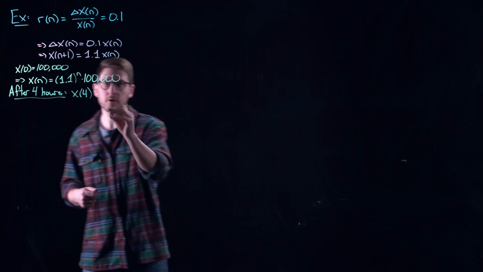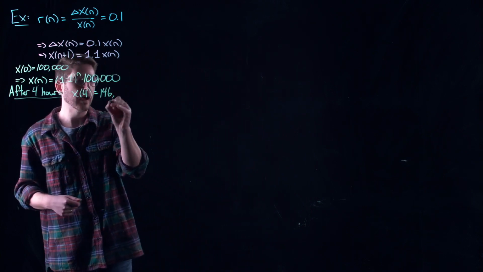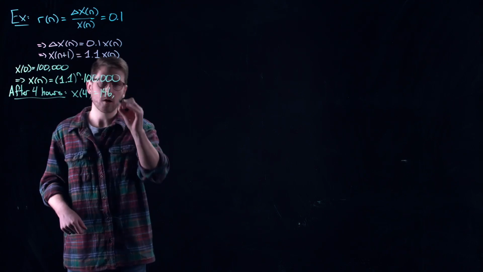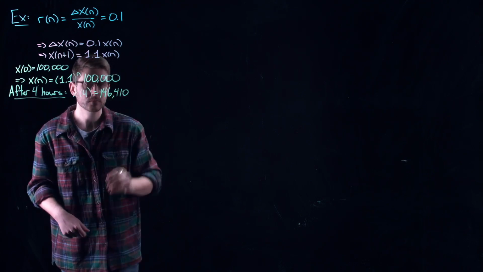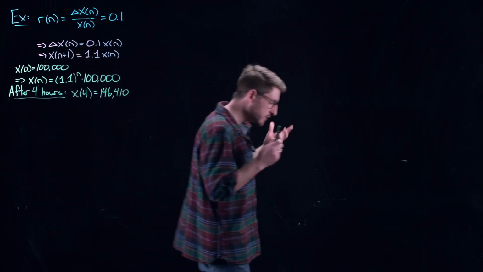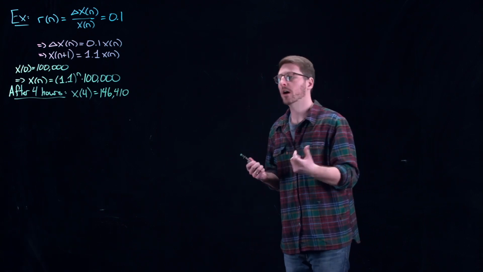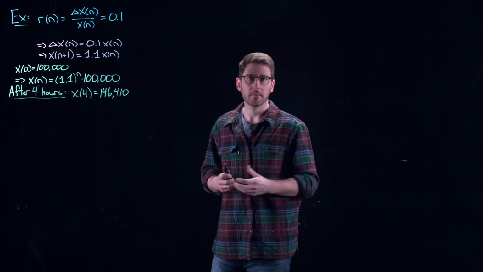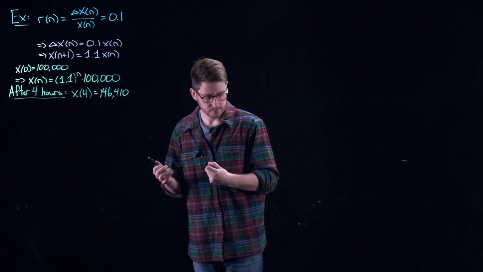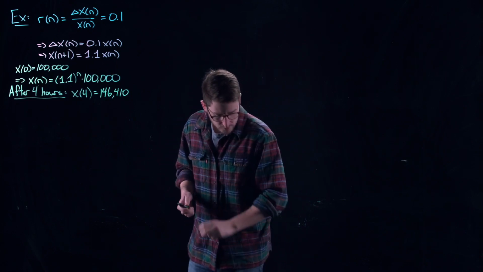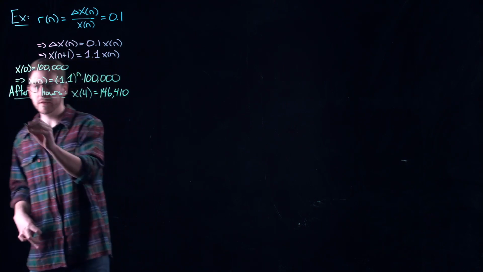In this case, it's 146,410. So our population of yeast has gone up by about 46,410 in its population. Now, I could also ask, when does the population double?